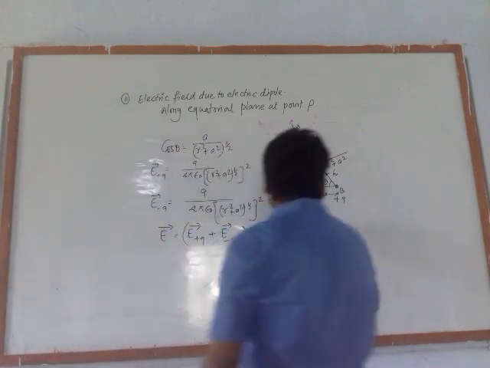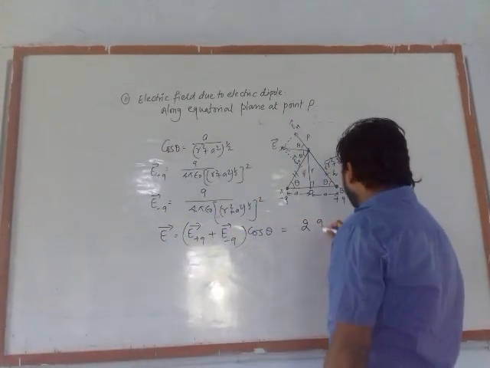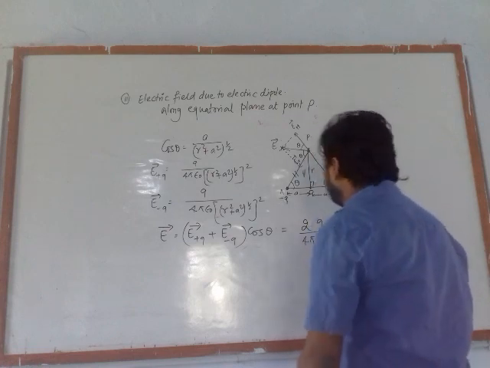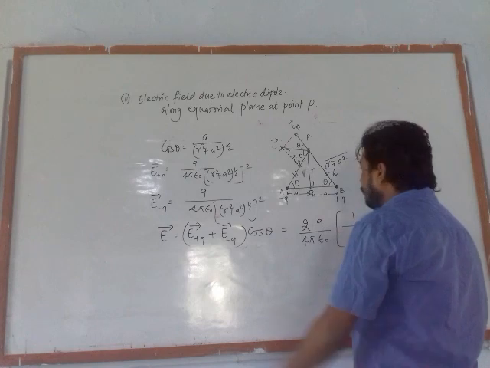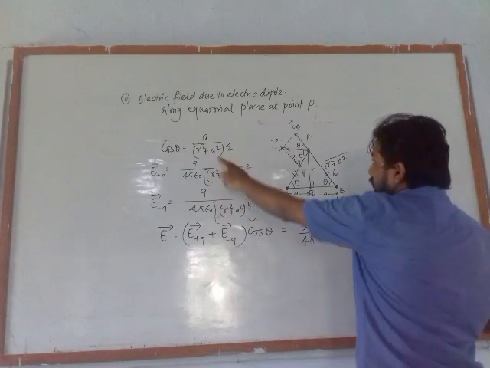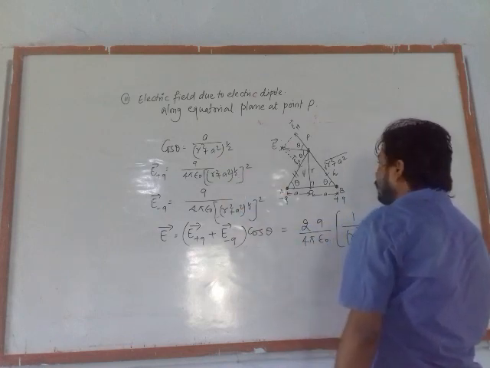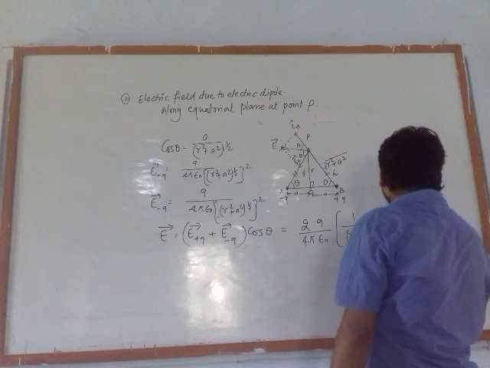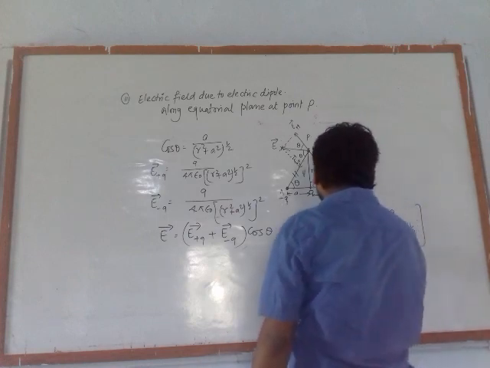I am writing just 2 times Q by 4 pi epsilon naught, 1 by R square plus A square, and times cos theta. What is the value of cos theta? A by R square plus A square to the power half, right?